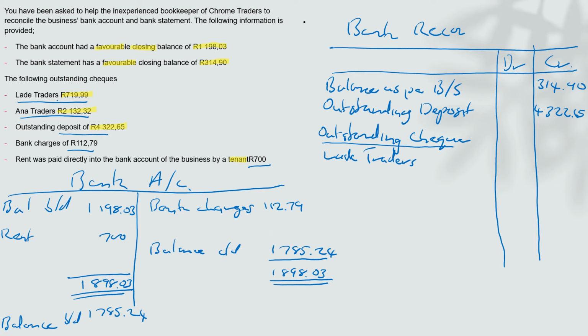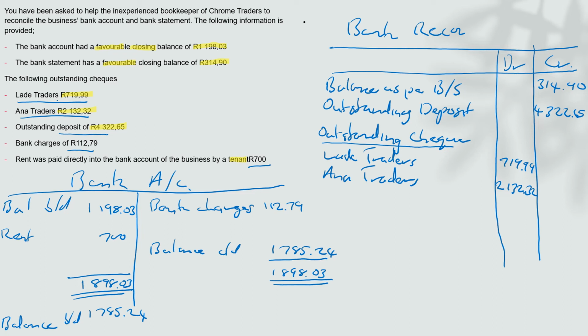So check numbers are even better. Late Traders, that's 719.99. Then Anna Traders, that's 2,132.32.